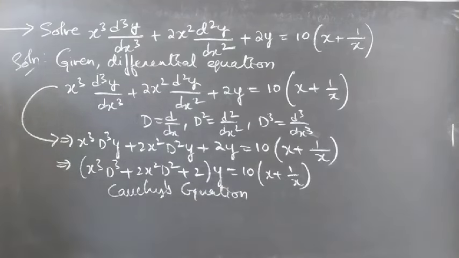Now let's make the substitution. Put x equals e power z, then log x to the base e equals z for x greater than 0. Let theta equal to d by dz, where theta is a differential operator with independent variable z.